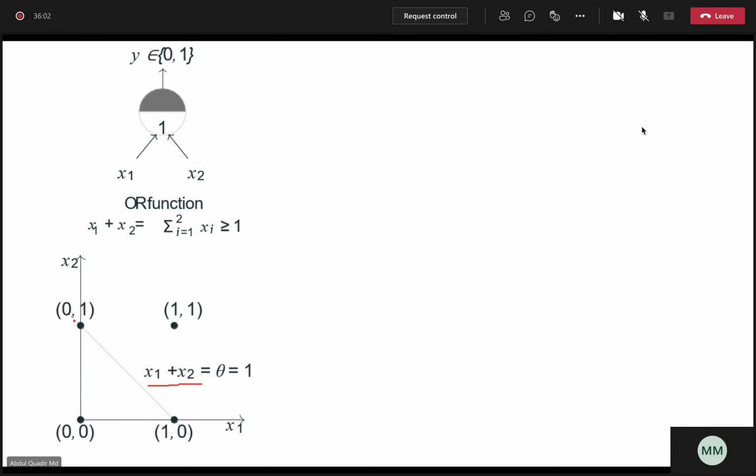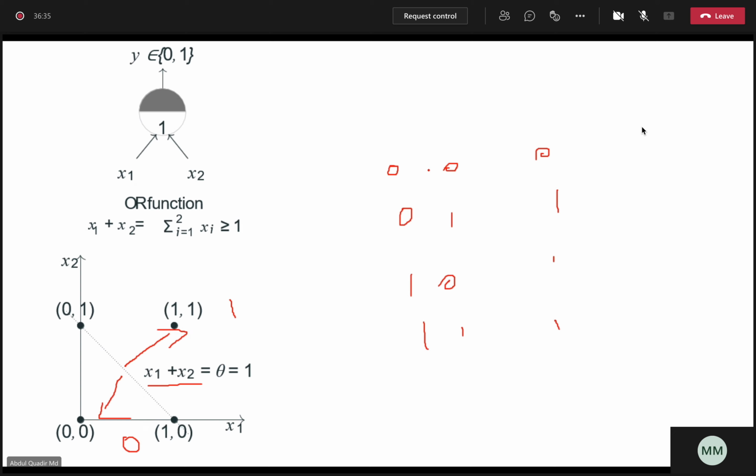So if I draw a straight line through these points, anything on one side of the line is classified as zeros, and anything on the line or above it is classified as 1.